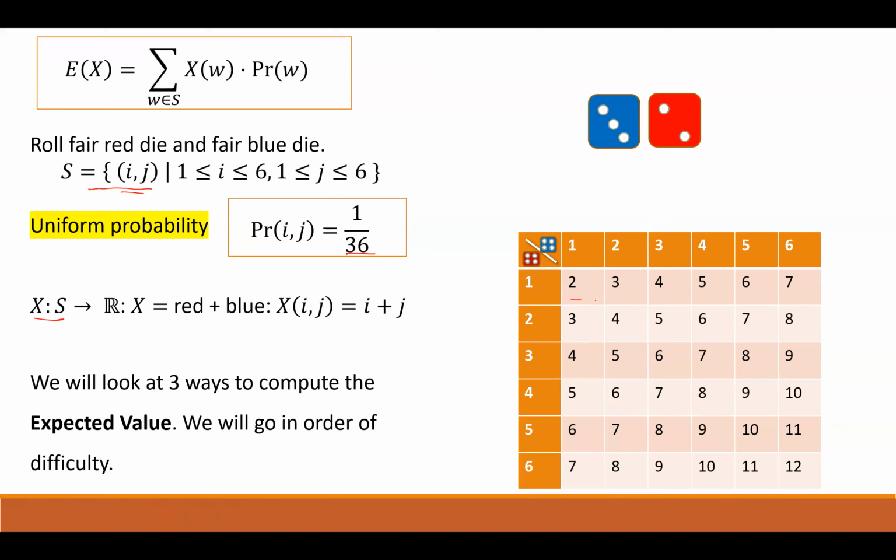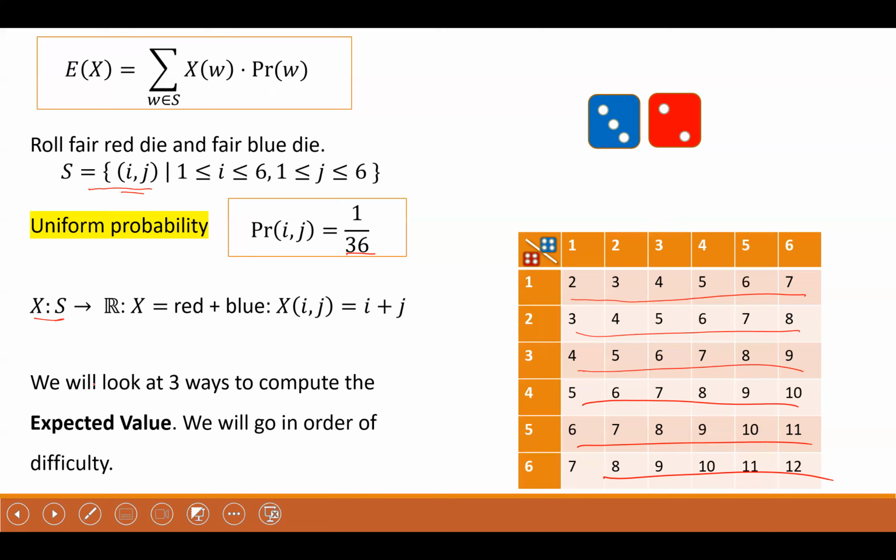What we really want is the weighted average, but in this case it's a uniform probability space, so they all have equal weight. So we really want the average of all of these numbers. These are all the possible rolls, they all happen with uniform probability, and I want to take the average.